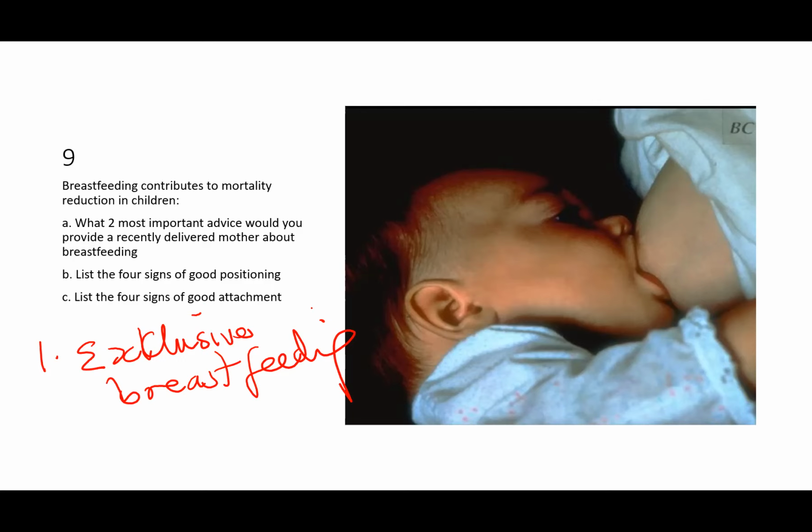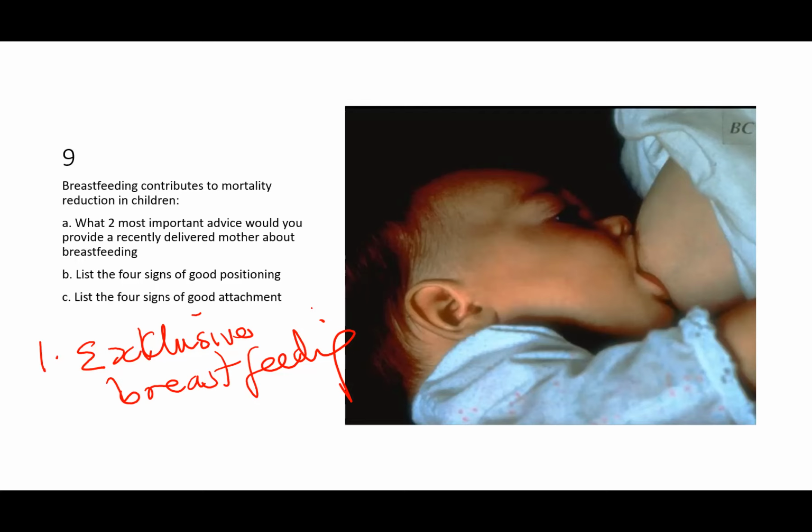Because after 6 months, breast milk alone will not be sufficient for the child's metabolic need. Even the iron and other nutrients in breast milk will not suffice for a child that is growing beyond that age. So you have to add other supplements.